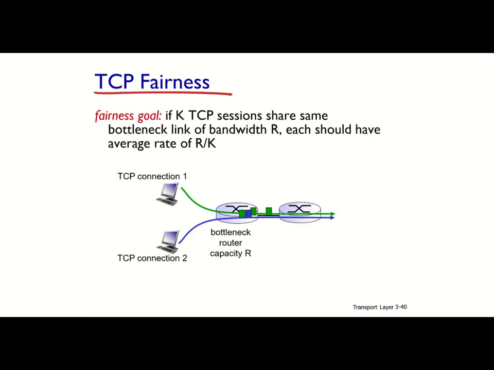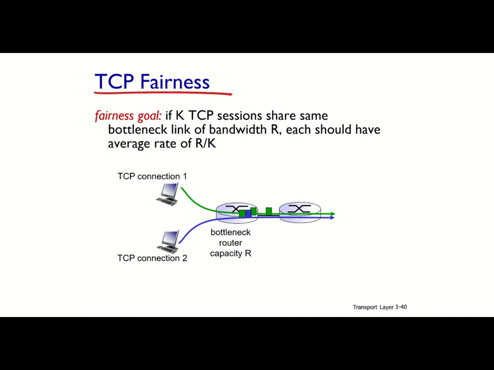We introduce another feature of TCP. TCP is fair, which means that if k TCP sessions share the same bottleneck link with bandwidth R, each of those sessions should have the average rate of R divided by K. So when you have two TCP connections going through the same bottleneck link with capacity R, each one of them should enjoy the capacity of R divided by 2.